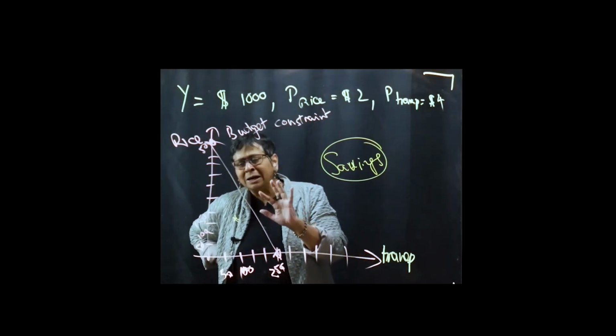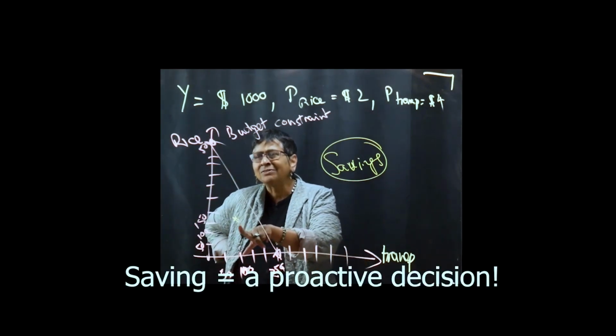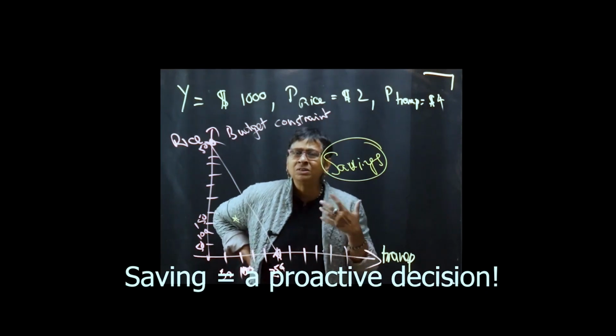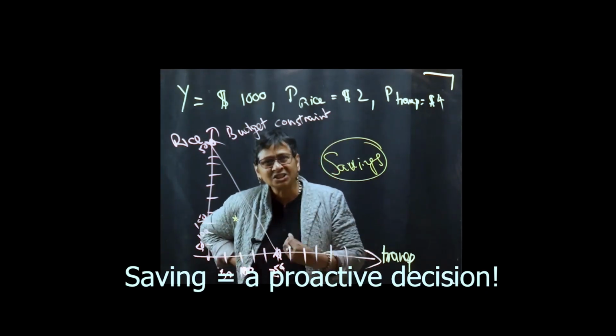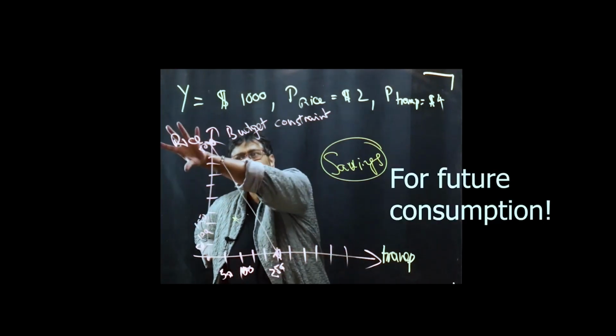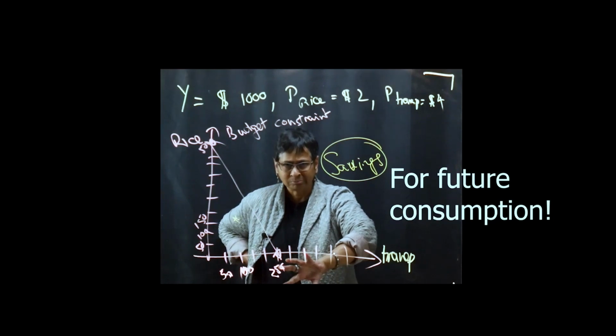But for now, we're going to assume that if people save, then we are talking about them making a proactive decision for future consumption against current consumption.